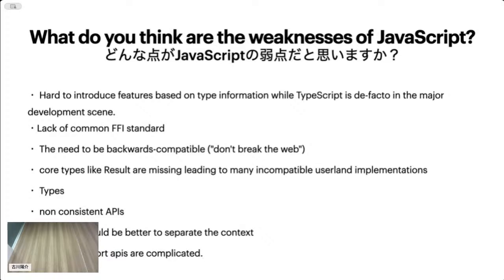There was a proposal called the standard library, but I've seen your proposal, your slides, and there has been no news for years, so I don't know. We just leave it to NPM.